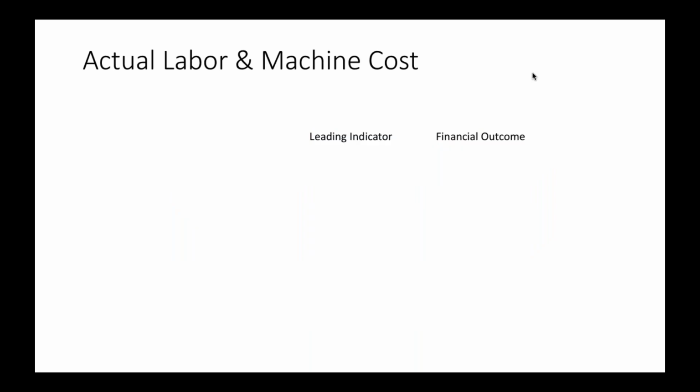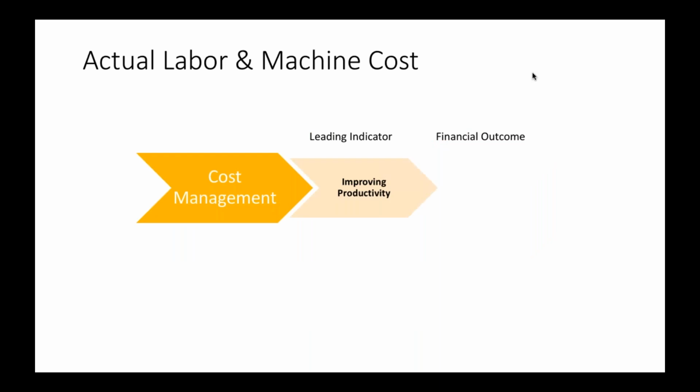If we look at our actual labor and machine costs, if we talk about just managing these costs in general, your value stream productivity measures are the leading indicators. If your productivity measures are improving, you are increasing capacity.